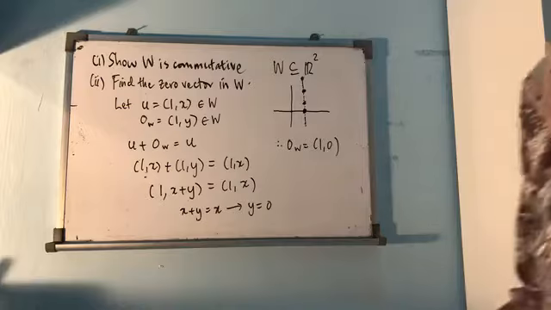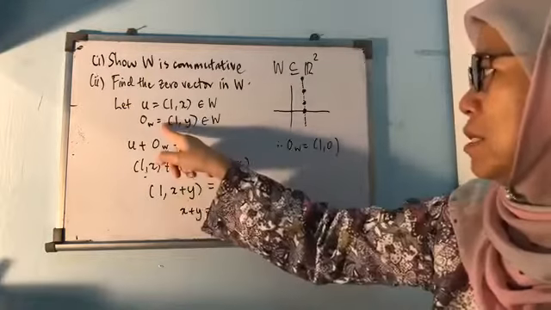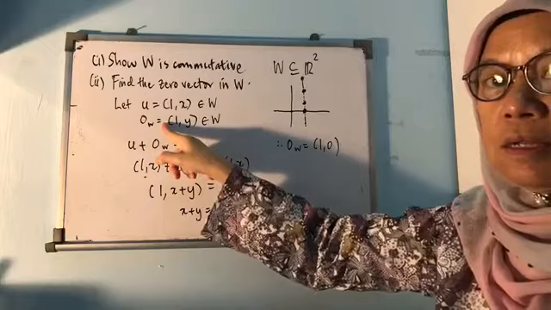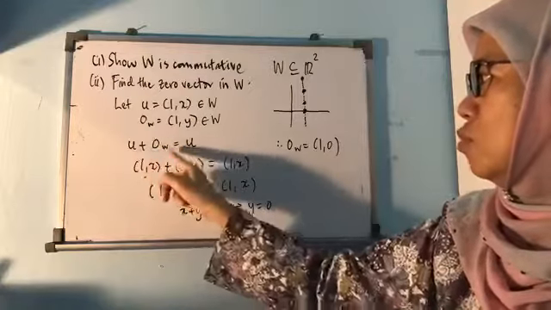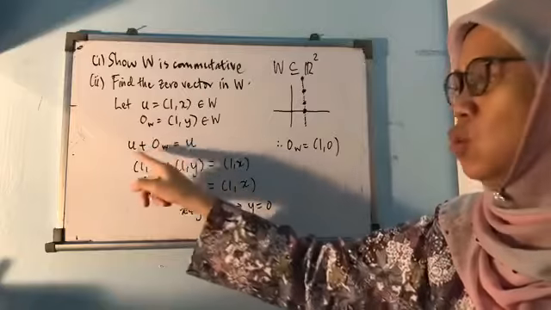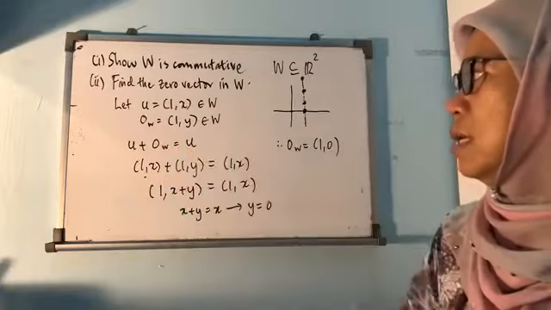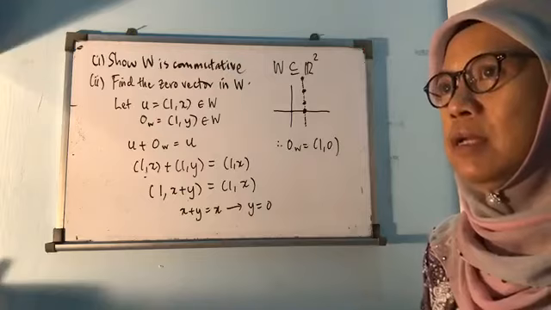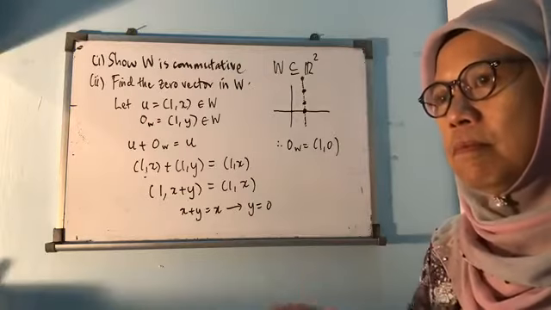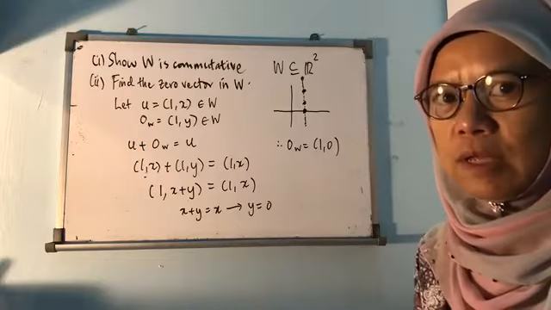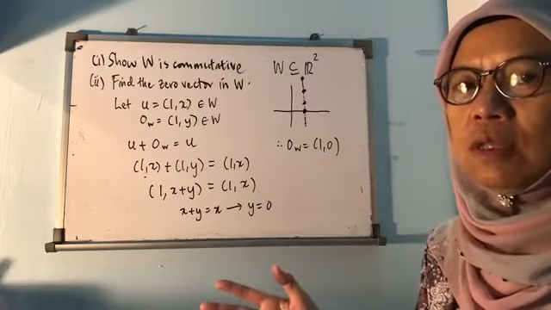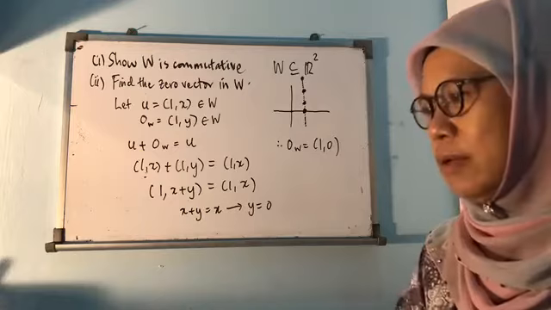You are saying, can you just multiply by 0 to get the 0 vector, right? But not necessarily. The 0 vector has to satisfy this. u plus the 0 vector has to be u. Okay? Multiplying 0 by something else does not necessarily give you the 0 vector, because it depends on the multiplication. Okay?